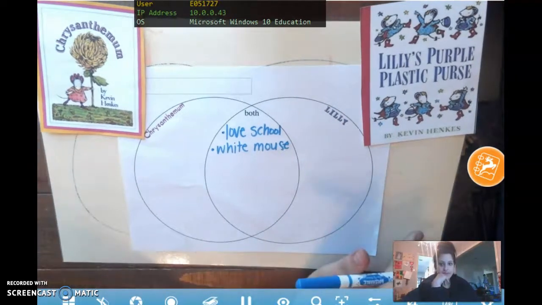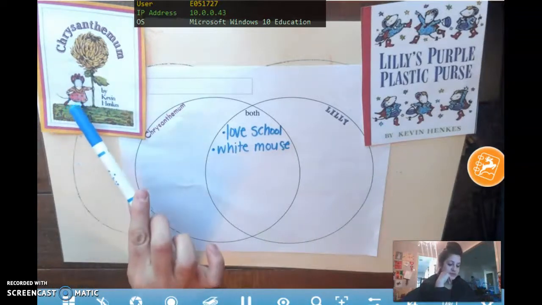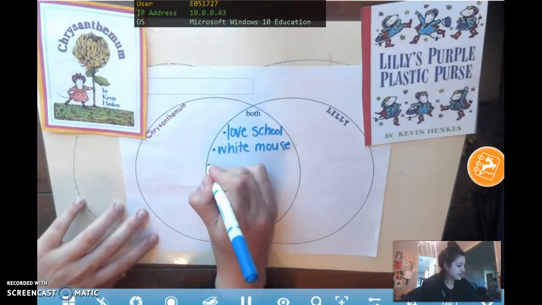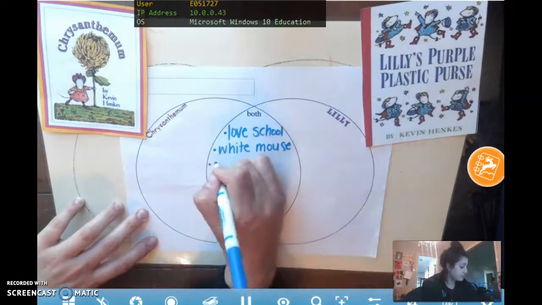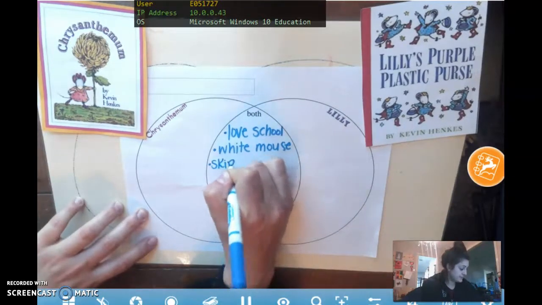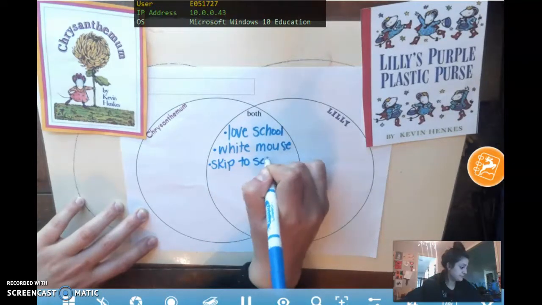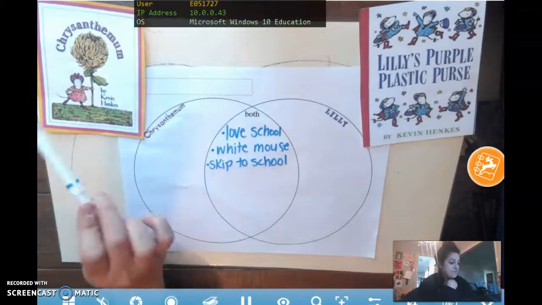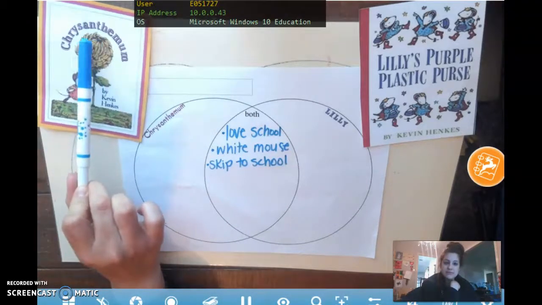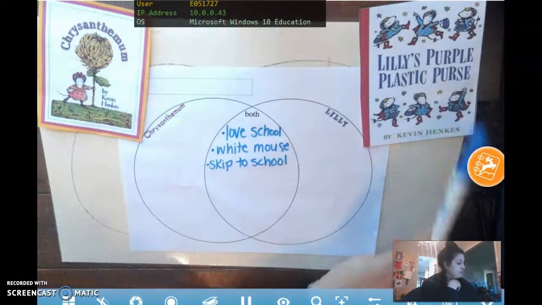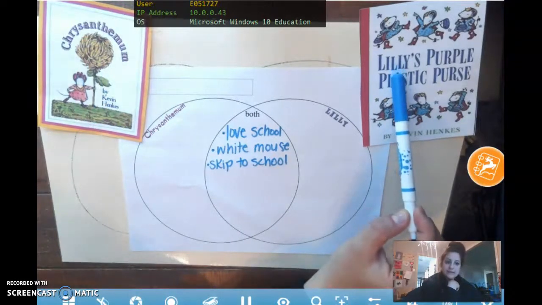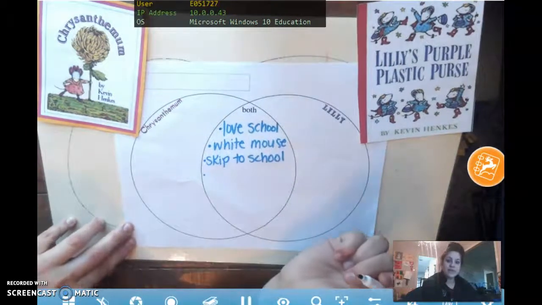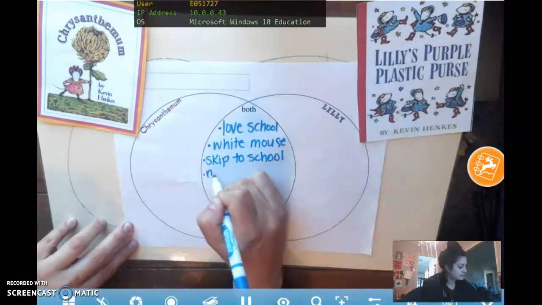If you remember, when they go to school, they're so excited. They skip to school. So that's something else, their actions that they have in common. They skip to school. We already know that chrysanthemum is a type of flower. But what about lily? That's also a type of flower, right? So they are both named after flowers.